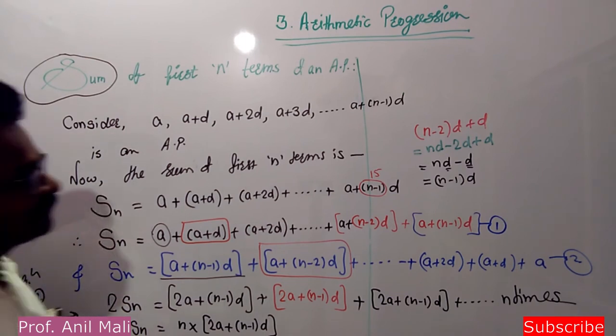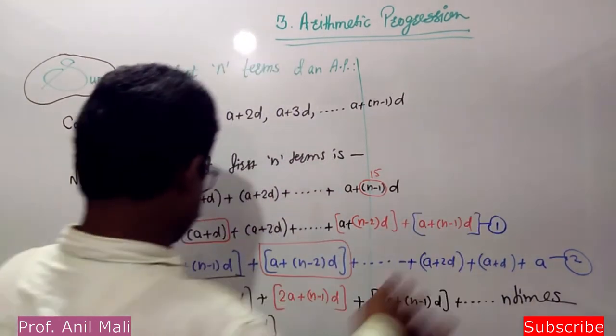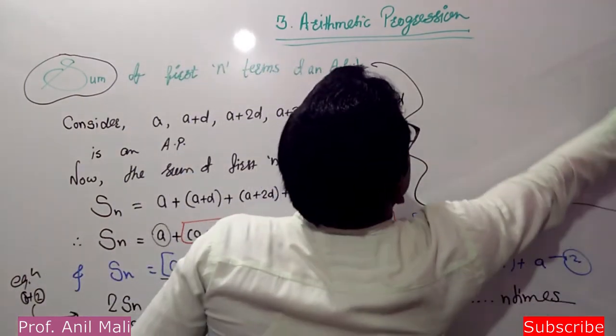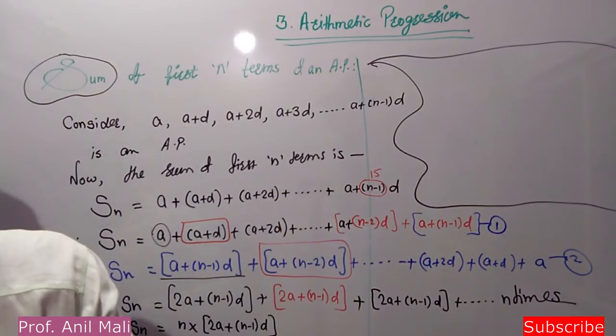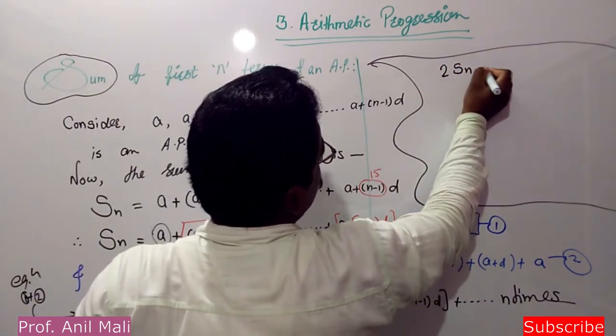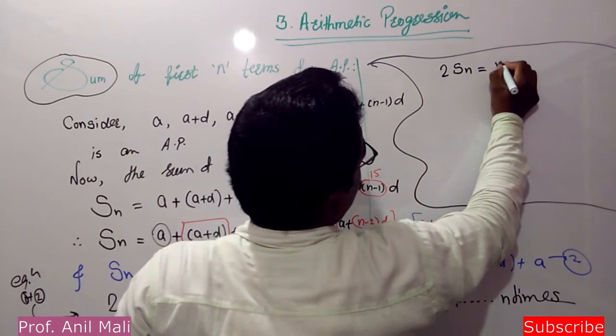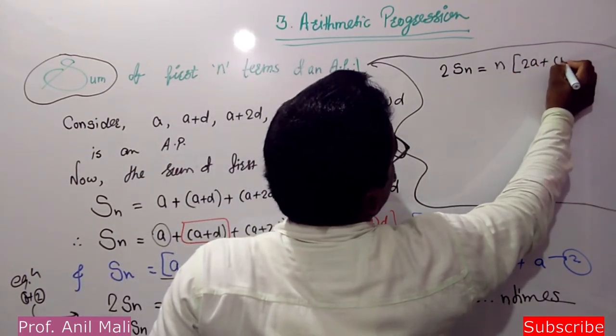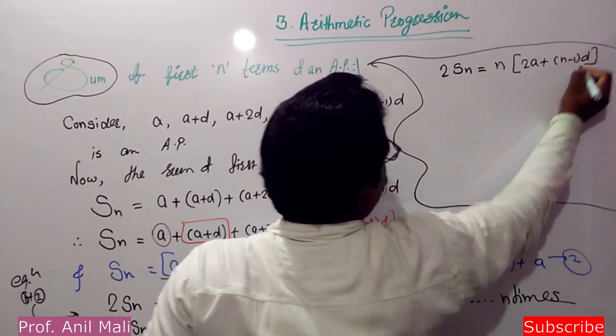Okay, no problem. So can we write the same step in this way? See, 2Sn is equal to n into the bracket 2a plus (n minus 1) into d.